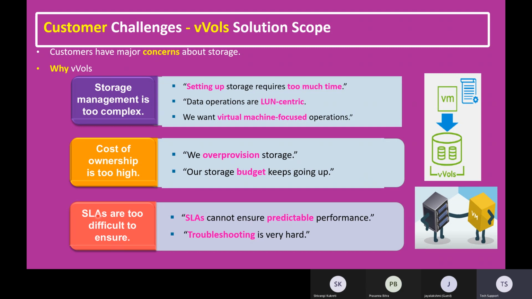Okay. So these SLAs are too difficult to ensure. Sometimes when we are using normal traditional storage boxes, there will be different types of customer SLAs. We are unable to meet all the SLAs when using standard storage boxes. So the same point I elaborated here: SLAs cannot ensure predictable performance, and troubleshooting is very hard.